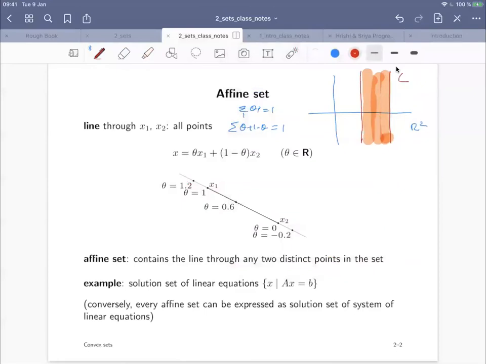No, because if you take, for example, 2 points in the set like this, x1 and x2, of course, it contains the line through these points. But what happens if you take 2 points like this, x1 and x2 here? The line through these points is this one, but this line is not contained in this set. Only a part of this line is in the set. So this is not an affine set.